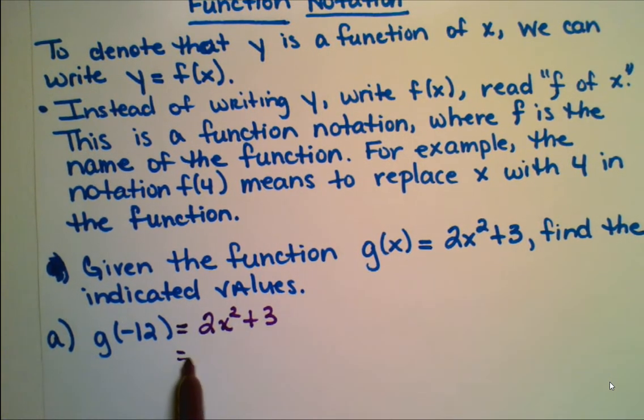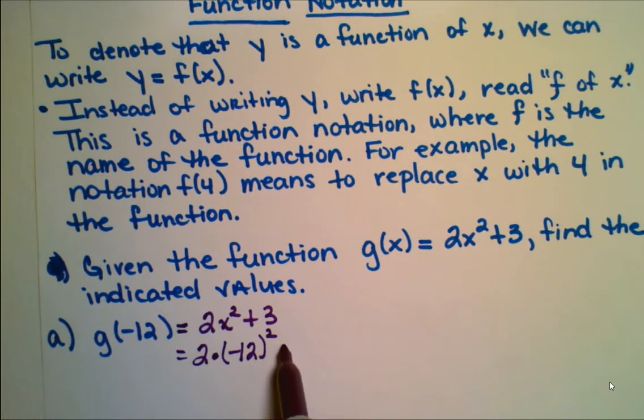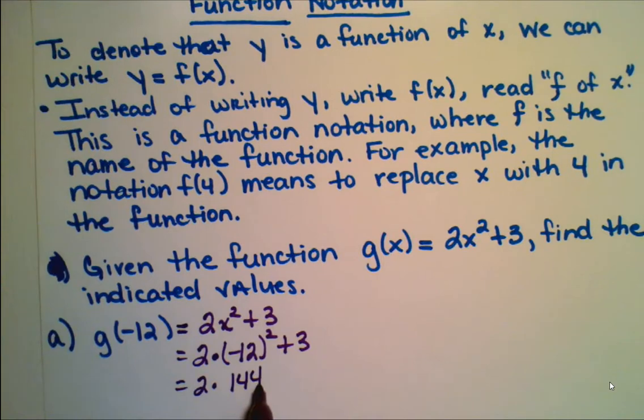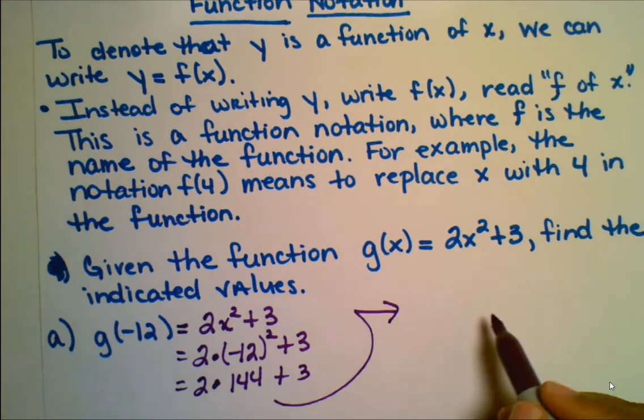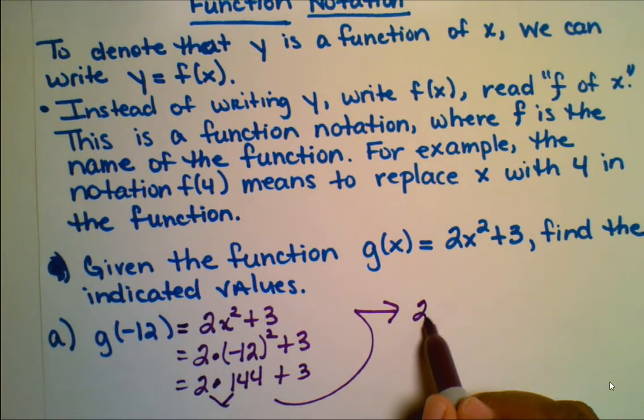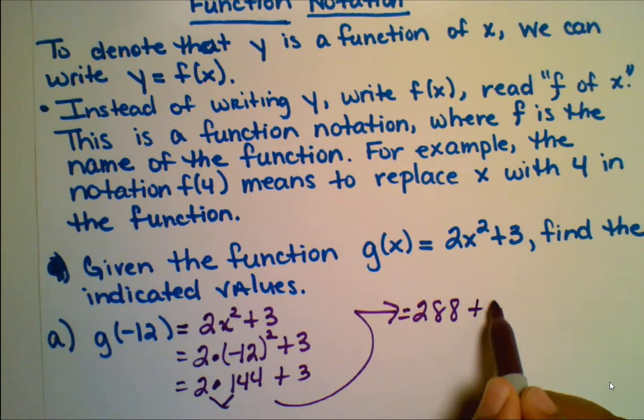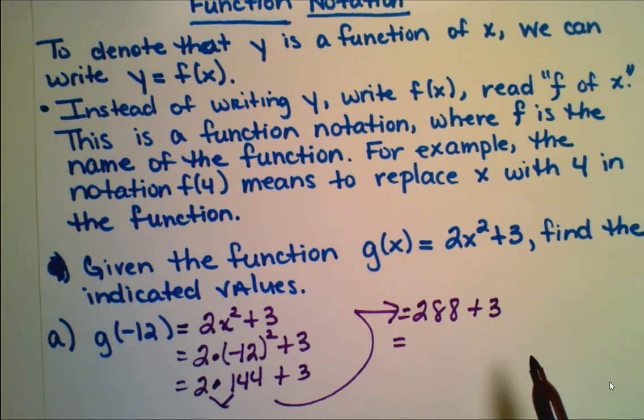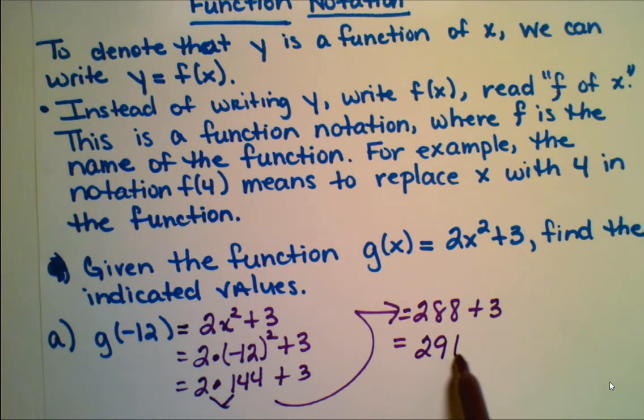So here you're saying 2 times negative 12 squared plus 3. We're going to square 12, which is 144. Let me write this out: 2 times 144 plus 3. Then you multiply 2 times 144, we have 288 plus 3, and adding 288 plus 3, we have 291.